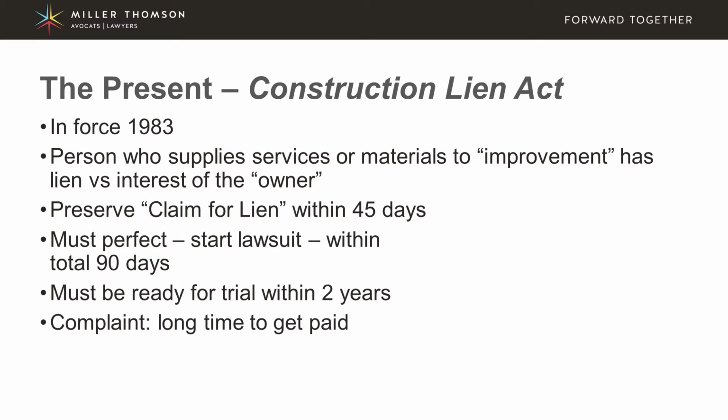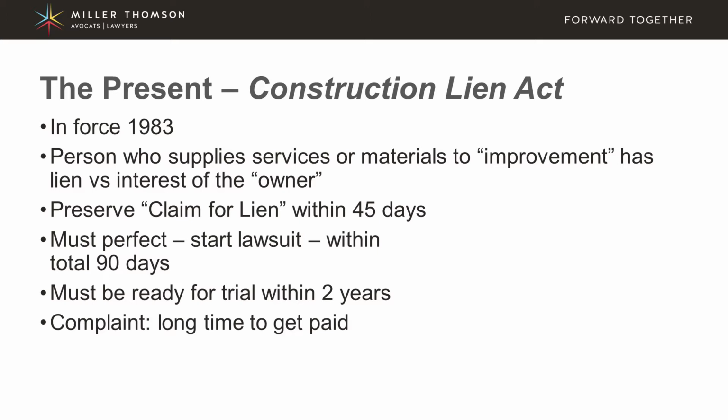When I say within 45 days, there is a trigger point for when you start calculating that 45 days. However, it becomes a little complex because it depends on whether it's a subcontractor or a general contractor. So let's just go with within 45 days as a general concept.